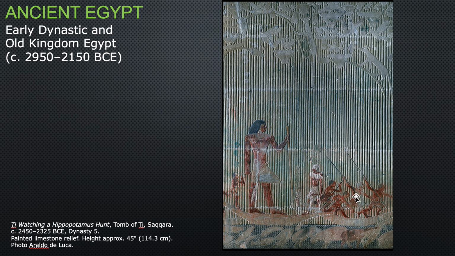But the people in the boat hunting the hippos are much smaller than him. And down here in the water, we've got hippos and fish swimming around. These parallel lines are thought to represent the reeds along the bank of the Nile, and then up above, across the top, we've got some foliage and some animals in the trees and some birds. So it's just kind of a nature scene, a hunting scene.